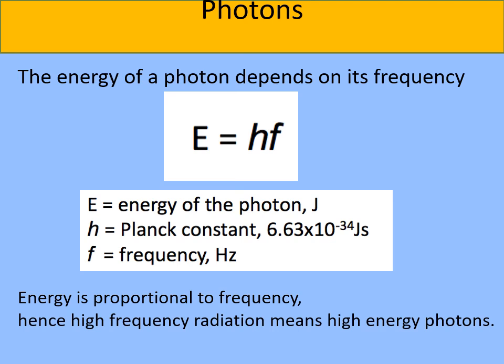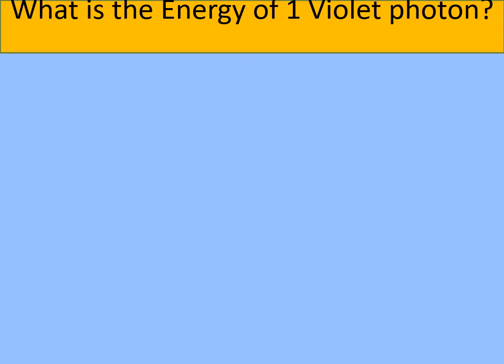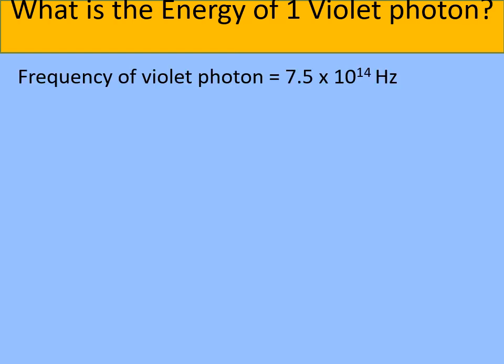Let's look at another example of how we could apply this. So let's say that we had some violet light, and we want to know what is the energy of one photon for violet light. Now we know that the frequency of a violet light photon is 7.5 times 10 to the power 14 hertz.